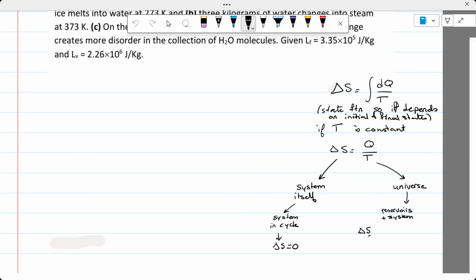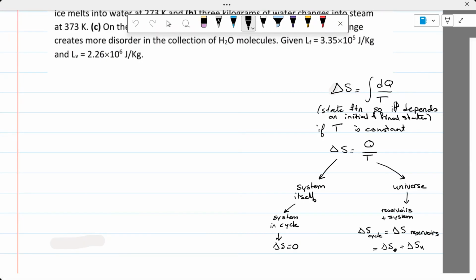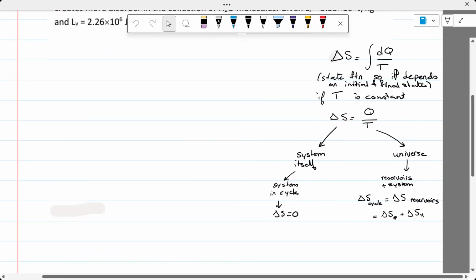So I'll just name this for a cycle, and this is going to be equal to what changed in the reservoirs only. And for the reservoirs, you're going to check how much you removed from a hot reservoir and how much you removed from a cold reservoir per se. So this is basically how you study entropy changes if you have a certain system with some surrounding around it.